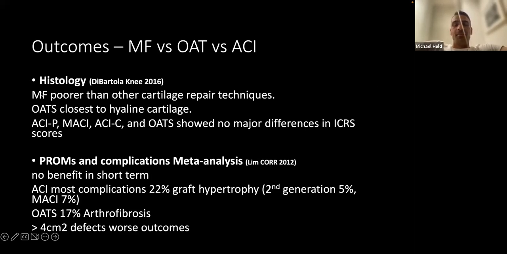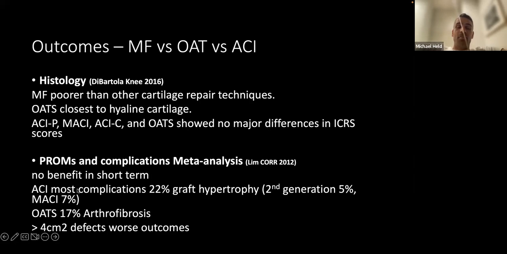And then the outcomes, microfracture versus ACI. The microfracture, on histology, is not as good as the OAT. The OAT is closest to hyaline cartilage, like we say. And between these different techniques, there's no major differences in certain research scores that they have.